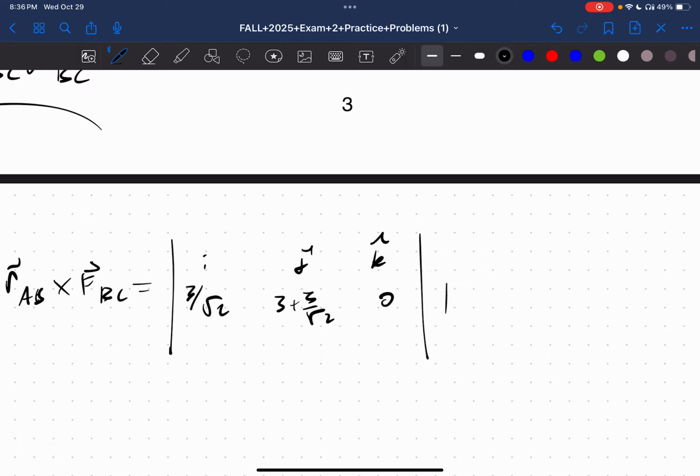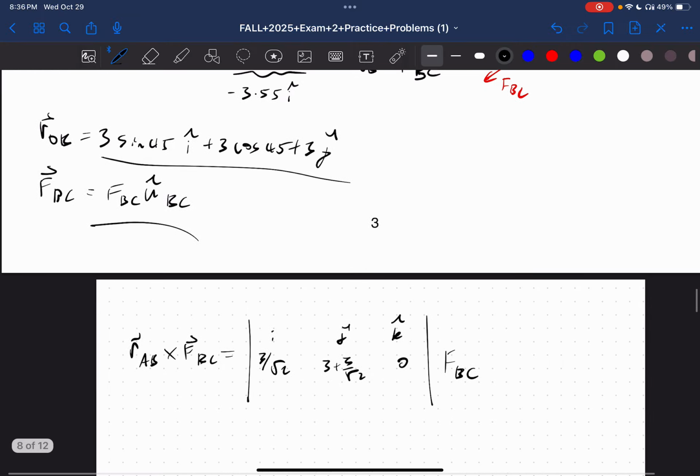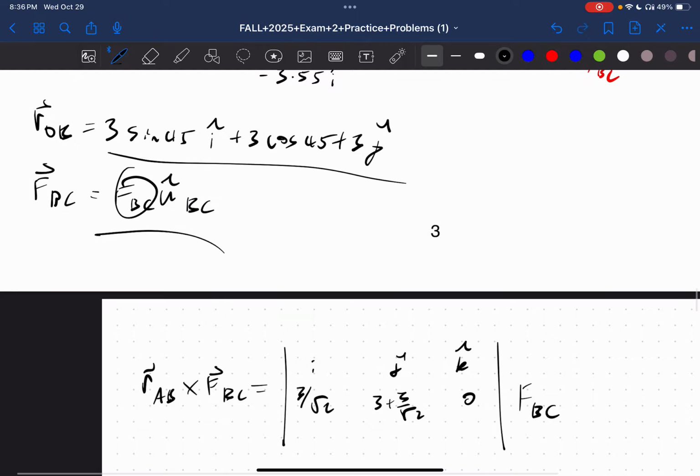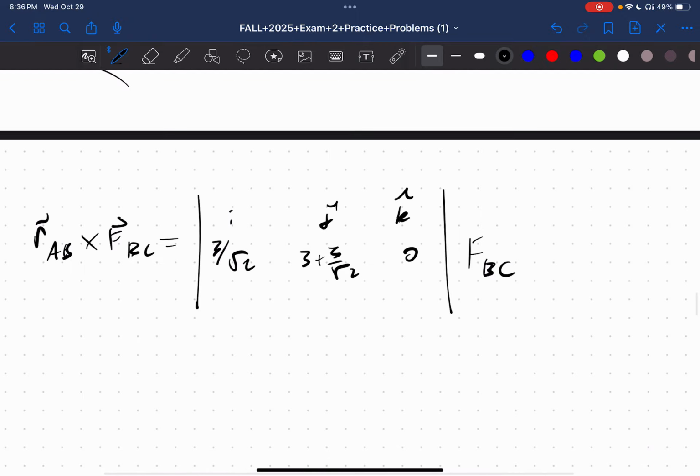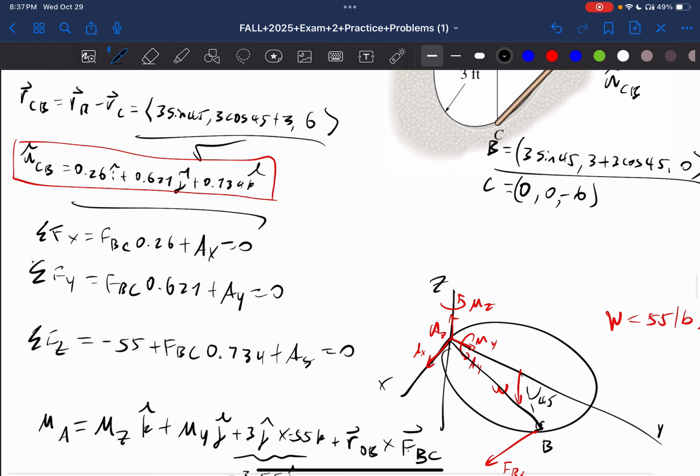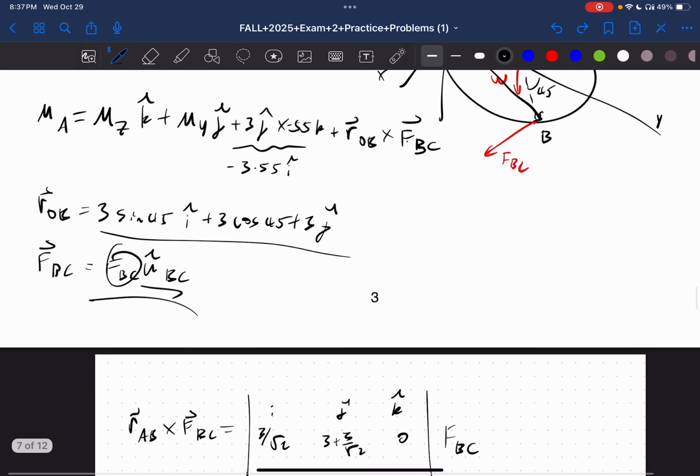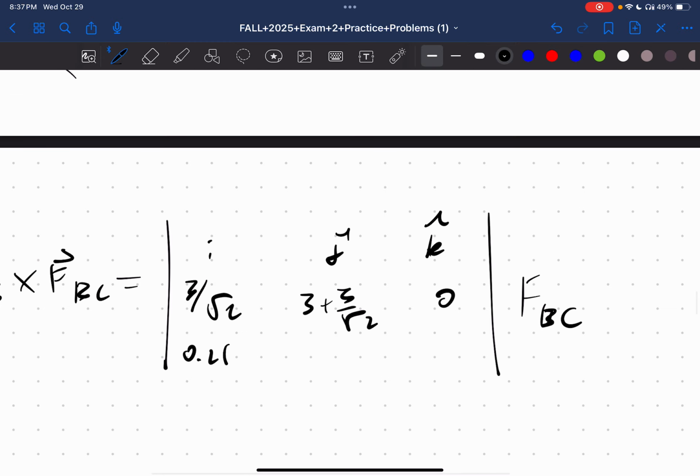We can write F, B, C out here. And then we just write the unit vector BC in here. Unit vector is this right here, so we can just write that: 0.26, 0.627, 0.734.